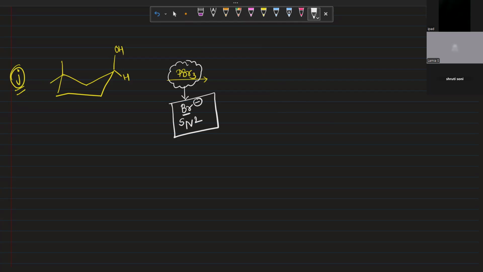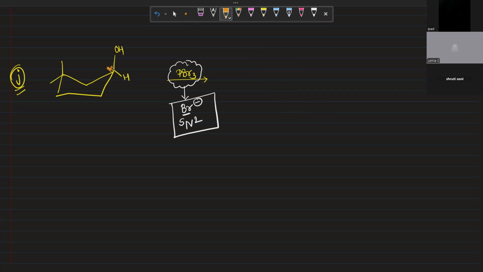At which position will Br attack the chiral carbon? I thought it was a nucleophile, right? Yes, Br is a nucleophile. Here is the carbon which is chiral.